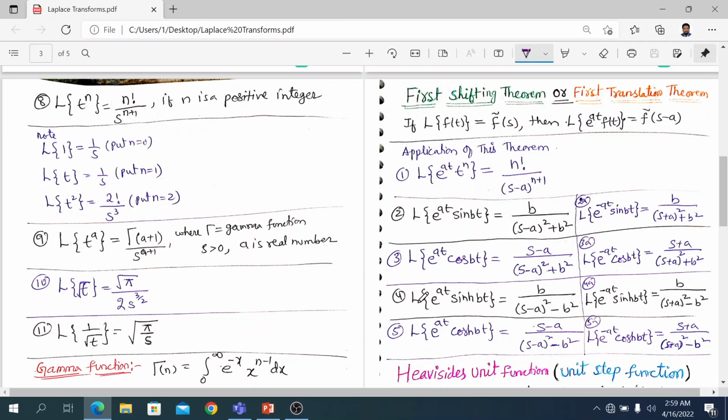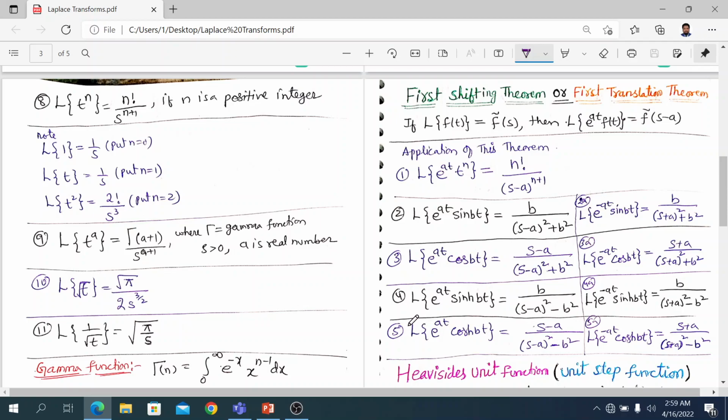Next, Laplace of e power of at sinh bt, sin hyperbolic bt, is b by s minus a whole square minus b square. Likewise, if minus is there, Laplace of e power of minus at sinh bt is equal to b by s plus a whole square minus b square.